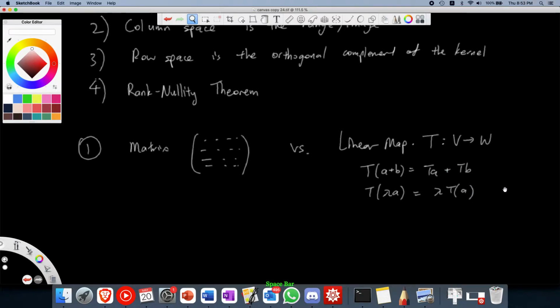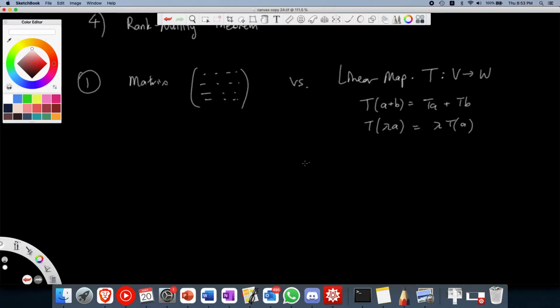So what is the difference? The key idea is that we start off with a linear map. Imagine an abstract vector space, which can be thought of as arrows in some abstract space, for example a 3-dimensional space. Once you know that it's 3-dimensional, you can choose a set of bases, x, y, and z.